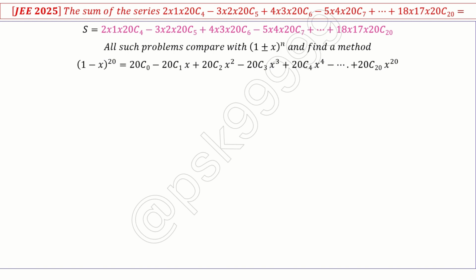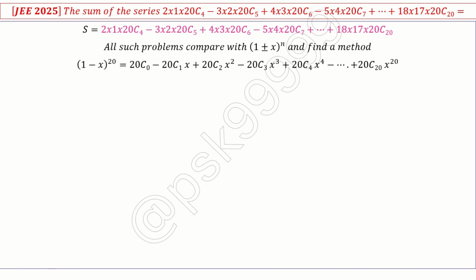We know that (1 minus x) to the power 20 is 20C0 minus, with alternate negative signs, 20C1 x, 20C2 x square, up to 20C20 x to the power of 20. Now if I substitute x equal to 1, I get the values easily.